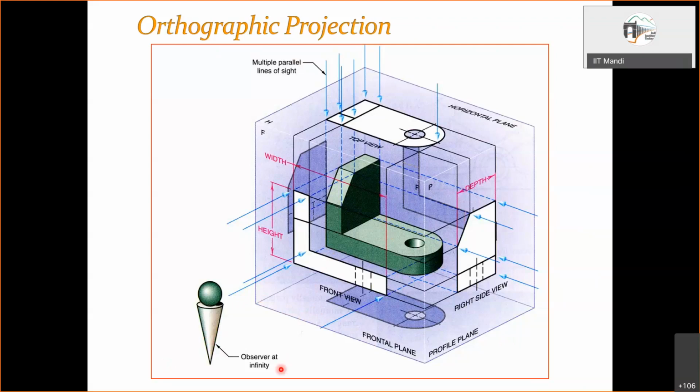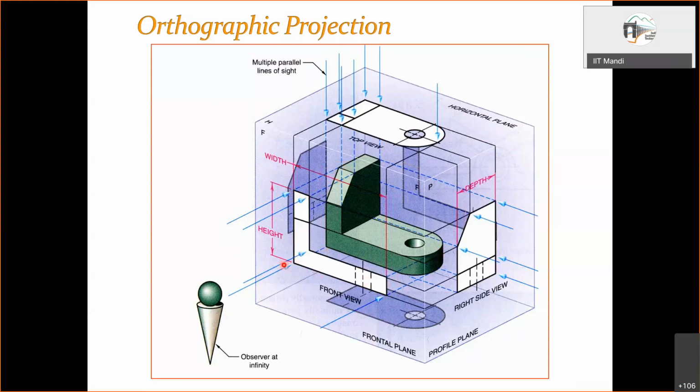Here one thing you will notice, it's mentioned observer at infinity. The meaning of this is that when we are trying to obtain this particular projection, we are considering parallel rays falling on the object, right? And for any location, this line is parallel, all these are parallel, or suppose from this end point, or from this corner.